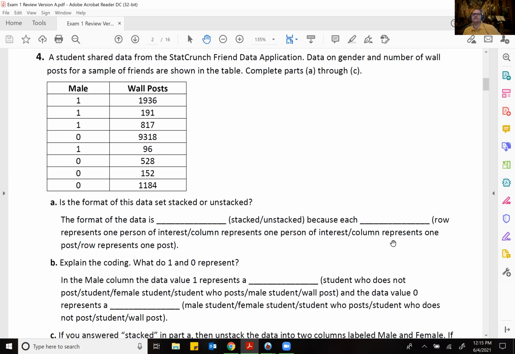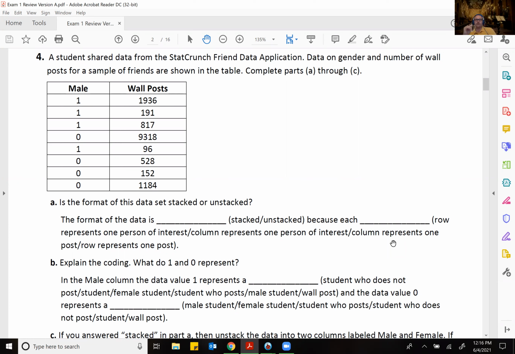So is that data stacked or unstacked? You are correct, Ruben. It is stacked. Because what's the difference between stacked and unstacked? If it wasn't stacked, you would have one column for males, one column for females, and so forth.